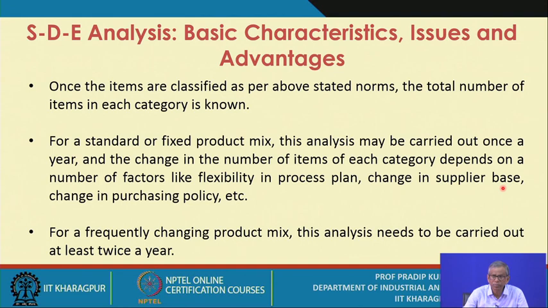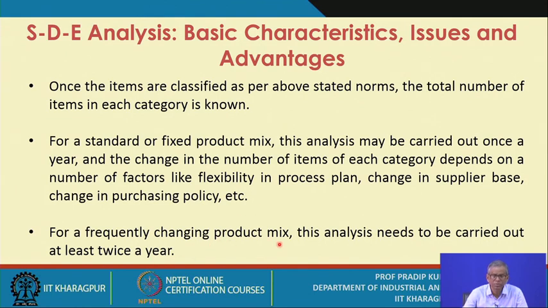So the change in supplier base could be one of the factors, and the change in the purchasing policy is also very important. So there could be many factors which may affect the number in each S, D or E category.